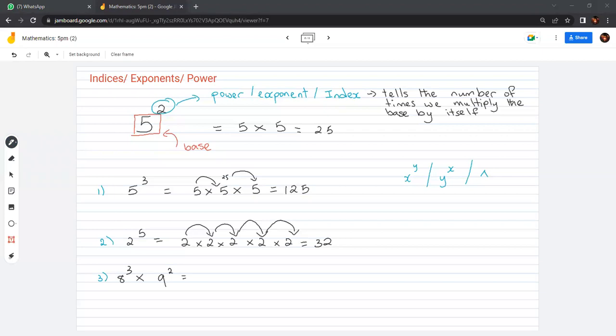If you are allowed to use your calculator, you'll put 8, your function key, and then 3. So you could try it and see. If you're not getting the same answer as I am, then you have to let me know. So it's going to be 512, 8 cubed.